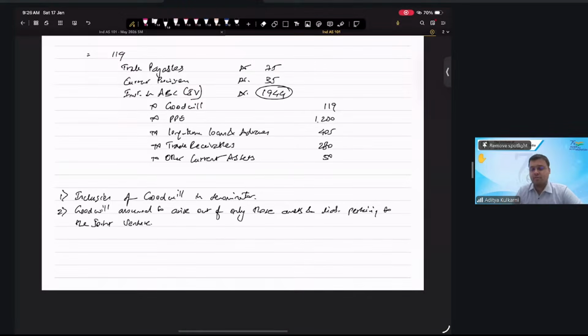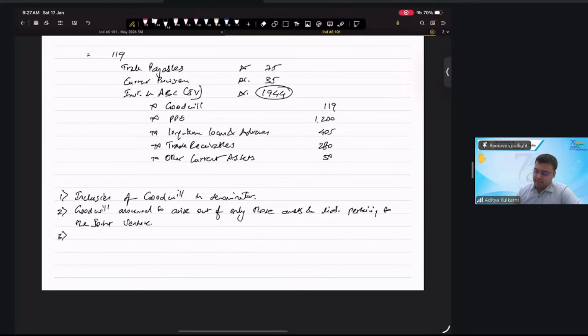Yes or no? Again, nothing is wrong here because I do not have data in the question. So if I have to do some sort of allocation, this seems to be the most reasonable of all the available options. Is it okay? Yes, okay.